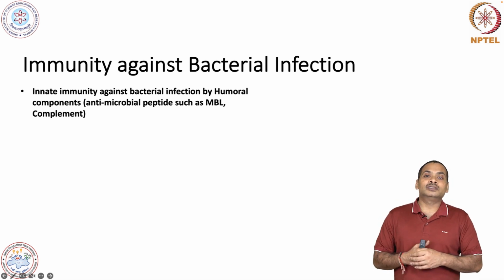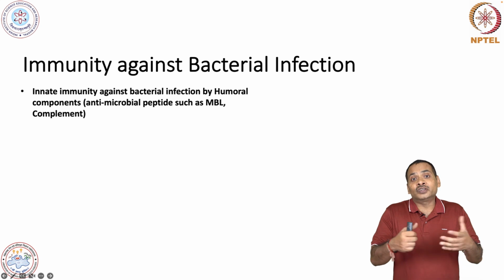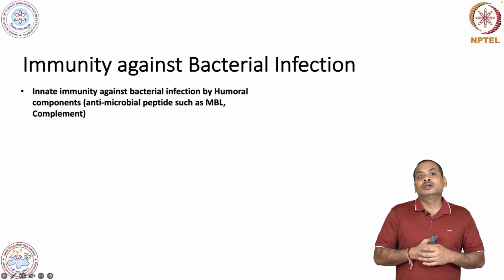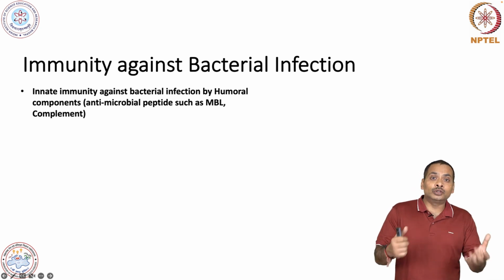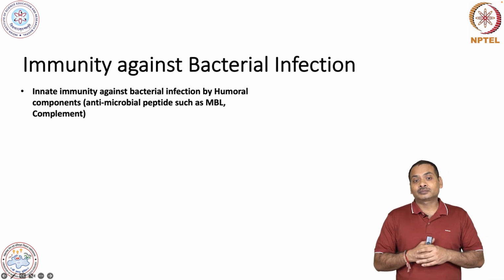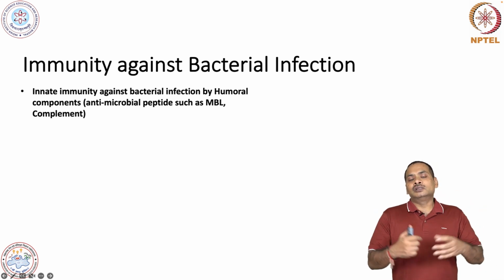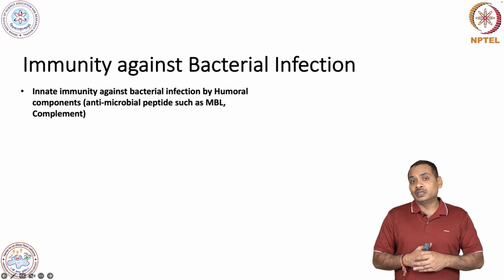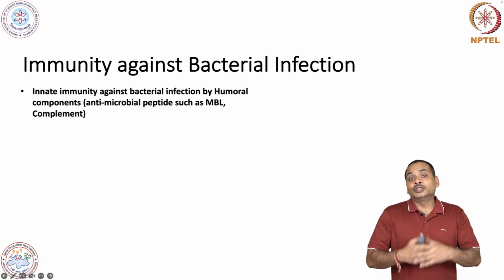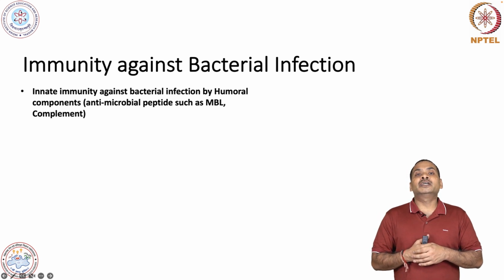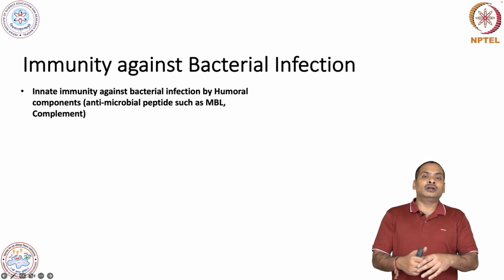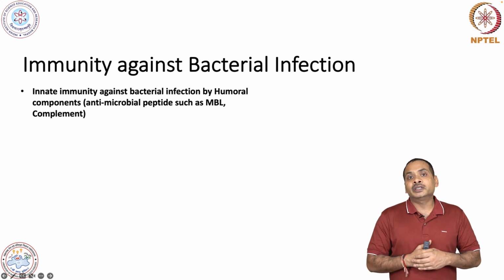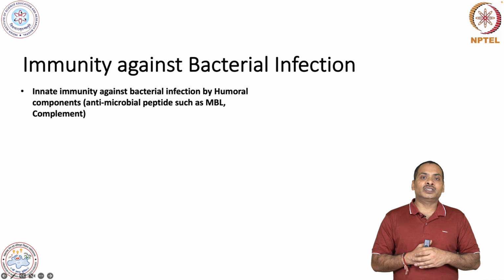For example, you may remember that there are different kinds of defensin proteins. There are some mannose binding lectins, and above all there is a family of proteins which we call complement. So these complements play an extremely important role, or in fact all these humoral components play an extremely important role in defense against bacterial infection.